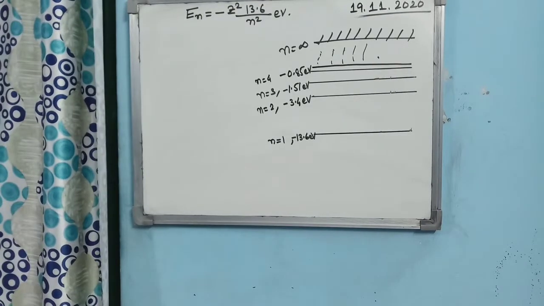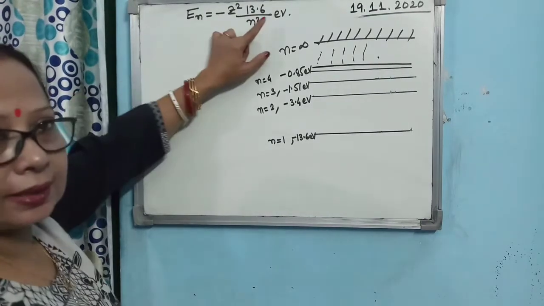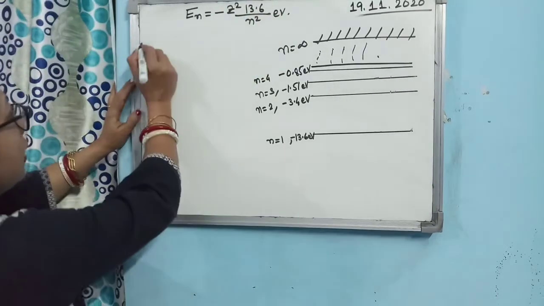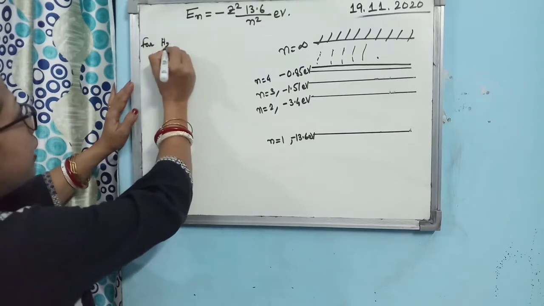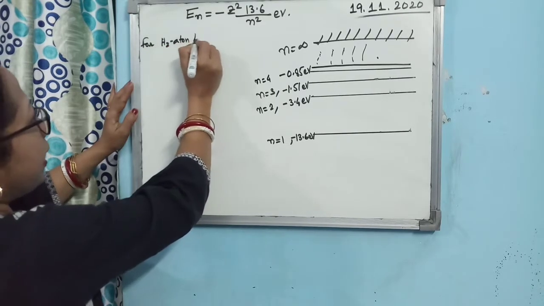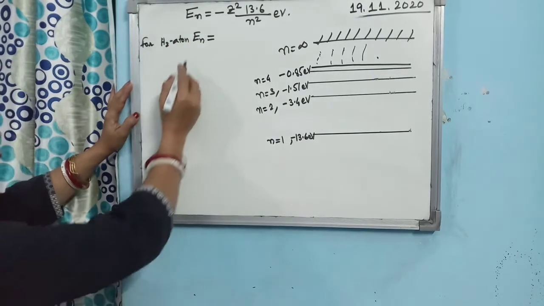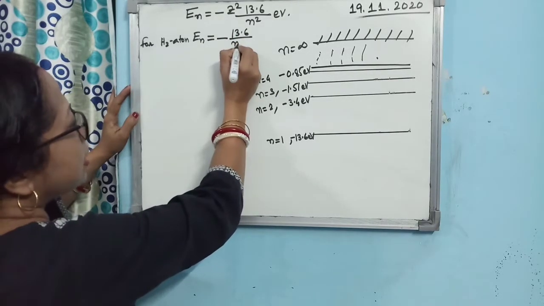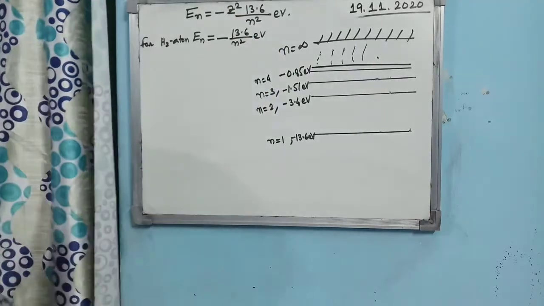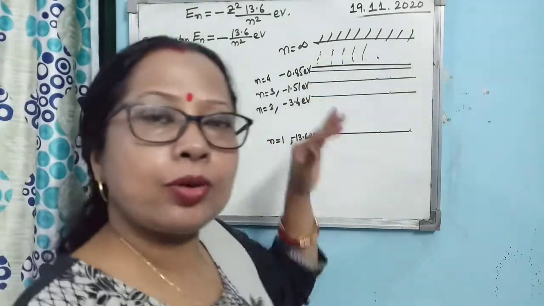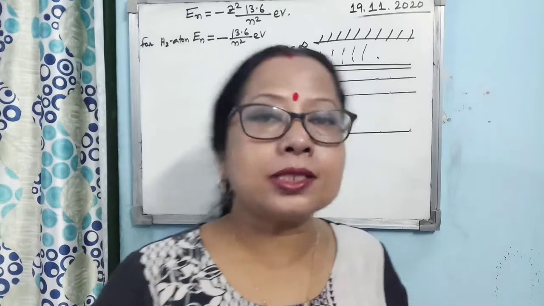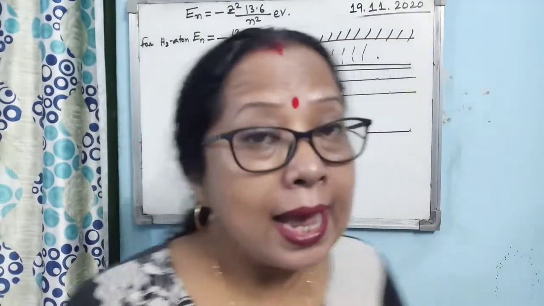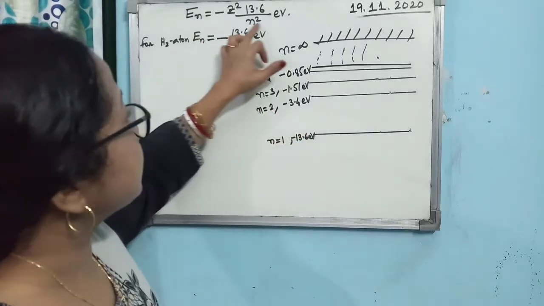So you see, if you apply this expression for energy, minus z square 13.6 by n square electron volt, then for the hydrogen atom, z is equal to 1, so the energy is minus 13.6 by n square electron volt. According to Bohr, the electron cannot stay in any orbit; it can stay only in a stable orbit, and the stable orbit energy is given by this.